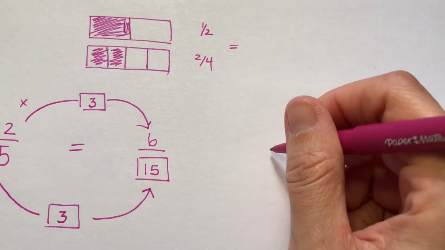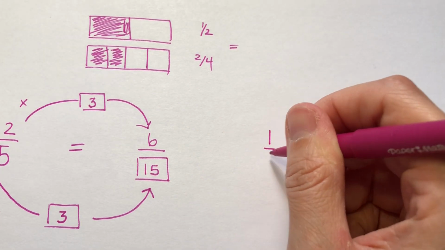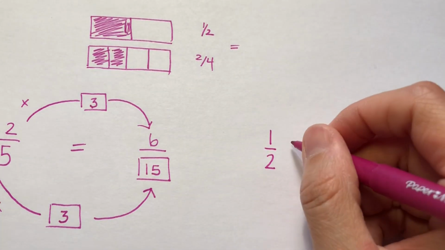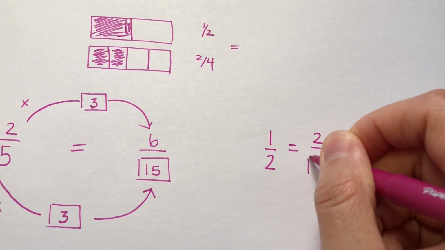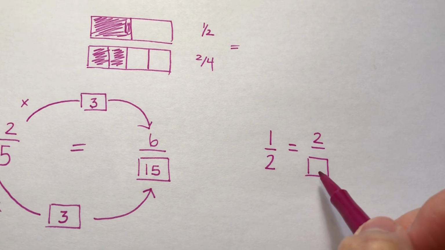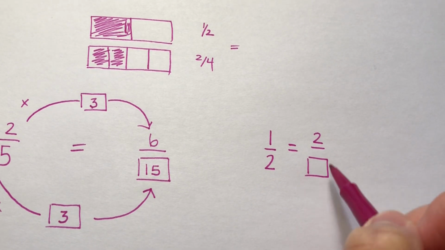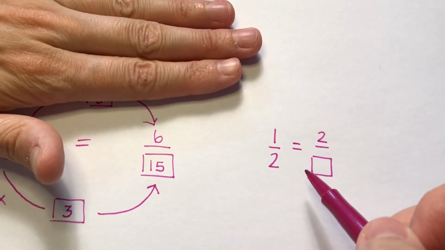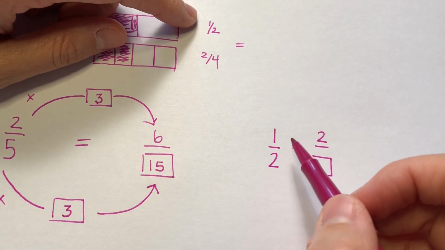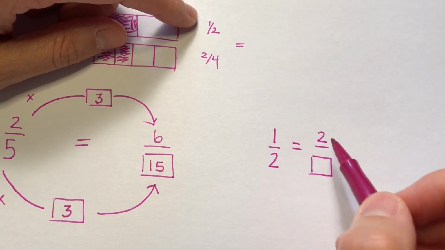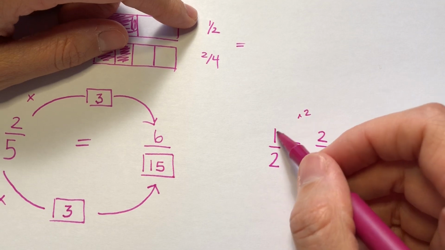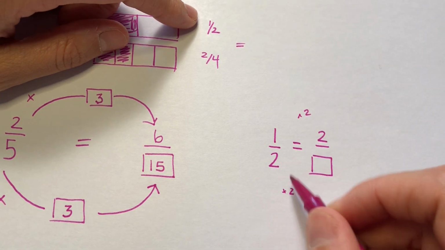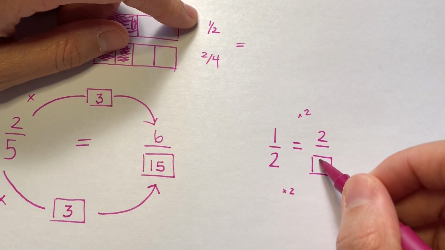Let me do this one with just the fractions and forget about all these lines for a second. 1/2 equivalent to 2, let's make this one a box right here. So you would have to figure out, well, what's that box? What's the answer in here? Pretend that we didn't have the solutions up here. So my first question is, how did I get from that 1 to 2? Okay, so I had to multiply it by 2. Well, whatever you do to the top, you have to do to the bottom, and that's how we get those numbers. 2 times 2 is 4.